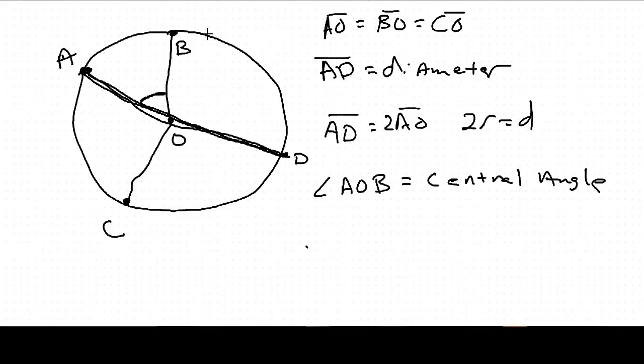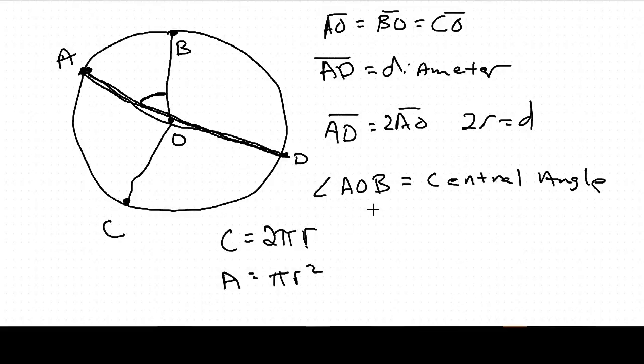Now the arc length is just a piece of the circumference. Do you remember the equation for circumference? Is it pi r squared? That's area. Oh, okay. So 2 pi r is circumference, and area is equal to pi r squared.